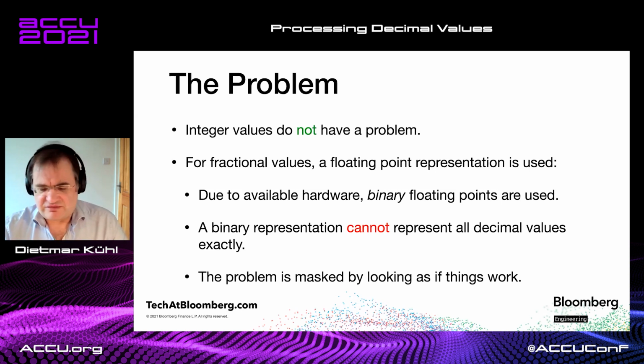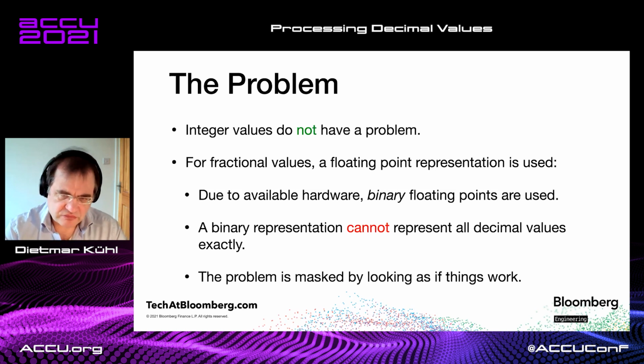But this is basically similar to binary, just that you move in units of 4 bits instead of 1 bit. And a binary representation cannot possibly represent all decimal values exactly. This falls out of relatively simple math. I'm not going to go over this proof, but it's actually something like a 4-line proof.